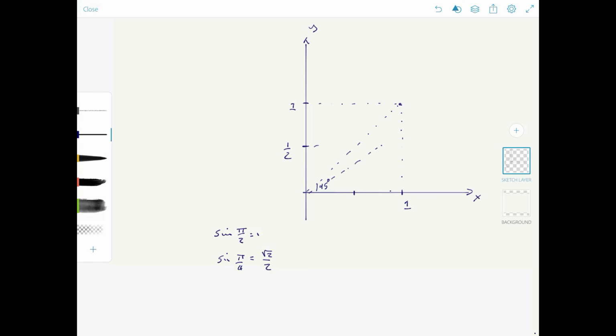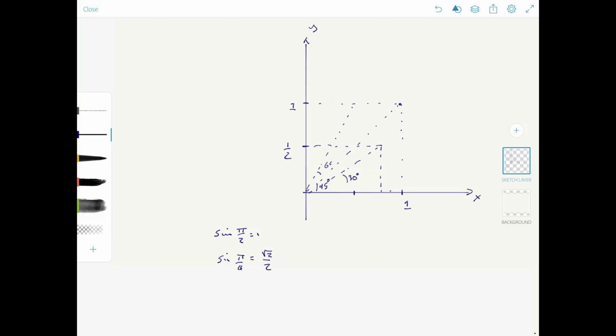and we can interpolate. We know that, for example, cosine of 60 degrees, and we could estimate, we know that this is 45 degrees.